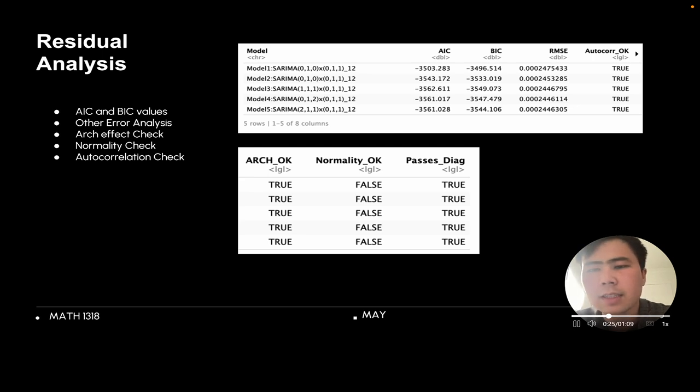Also, it has the highest root mean square error, and our third model has a very low RMSE. Moreover, all the residuals of the models pass the autocorrelation check and ARCH effect check, which means that we don't need to perform GARCH modeling, but all of them fail the normality check. They are not normally distributed.